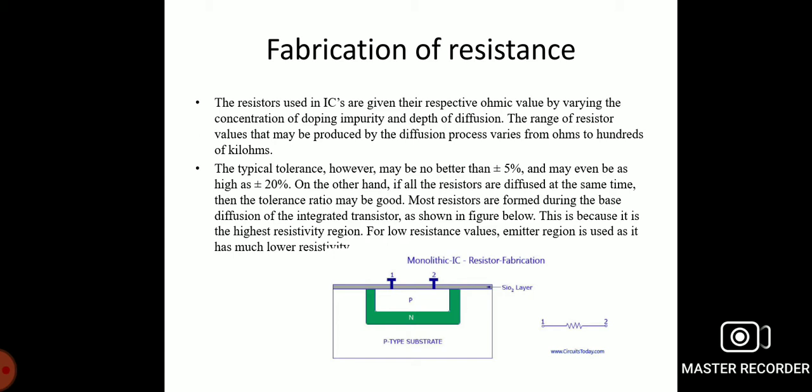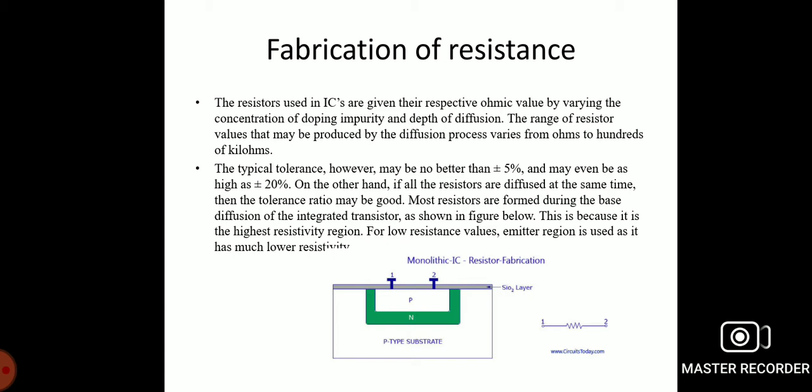So the cross-sectional view of the monolithic IC resistor fabrication: the epitaxial resistor is formed in the epitaxial layer between the two N plus regions, with aluminum metal contacts, and the pinched resistance.